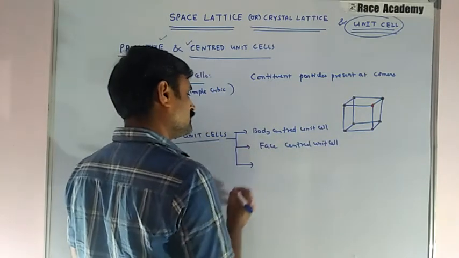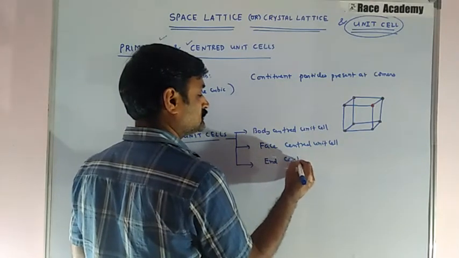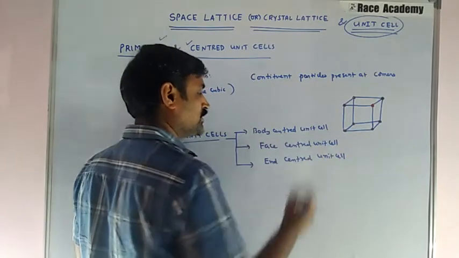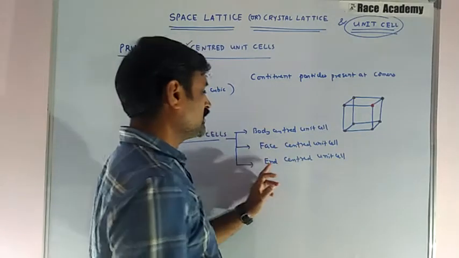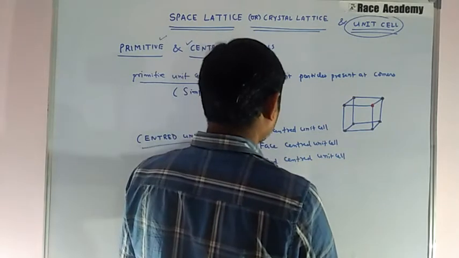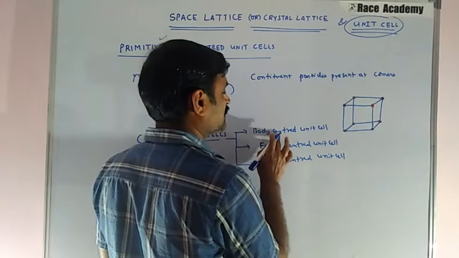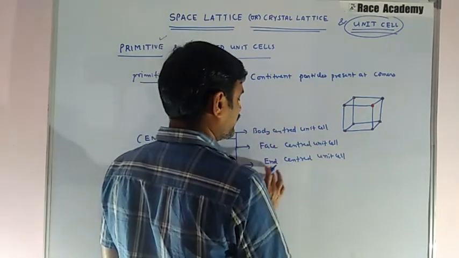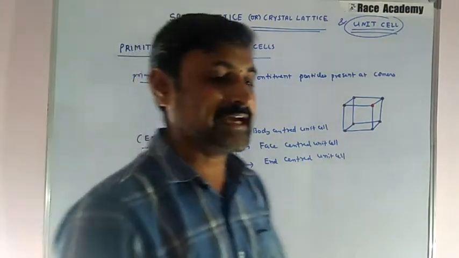The other one is end centered unit cell. BCC, FCC, EC. So body centered unit cell, face centered unit cell, end centered unit cell. Three are there.